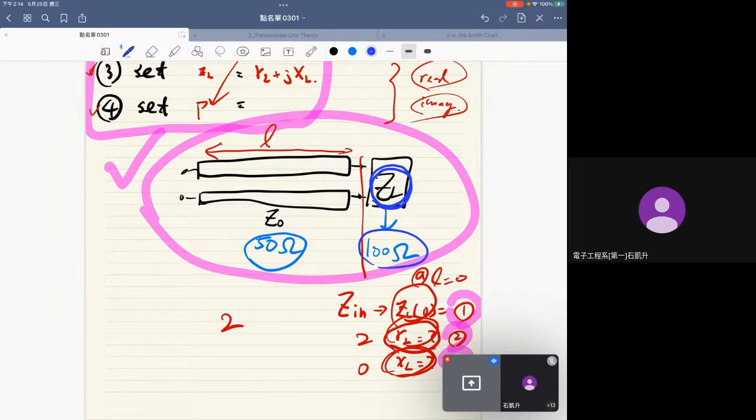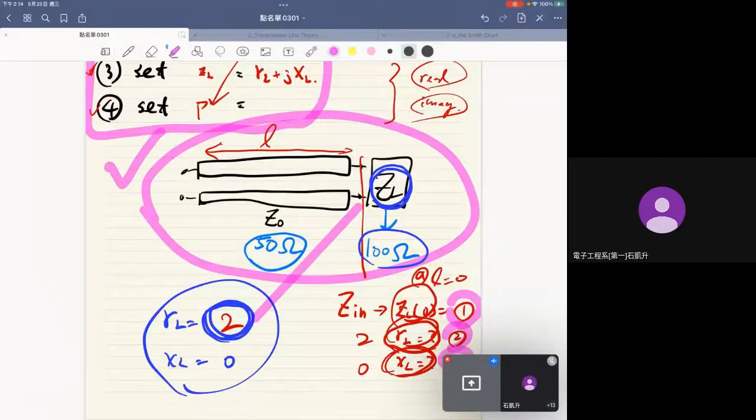So you will use the 2 as the starting point, and you will use RL equals to 2 and XL equals to 0 as your starting point. Okay, this is how we use the Smith chart.